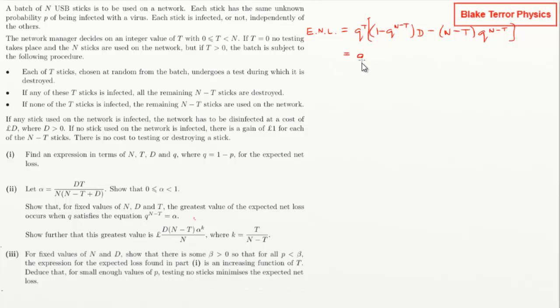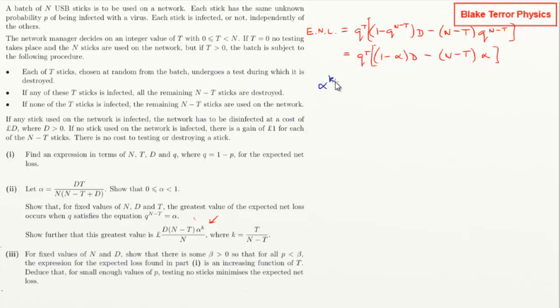So that's going to be q to the t, 1 minus alpha times d, put in the extra bracket, and then n minus t times alpha. Okay, so we just need to get that into this sort of format. Got alpha to the k in there. Right, okay, let's figure out what that is and then go from there.